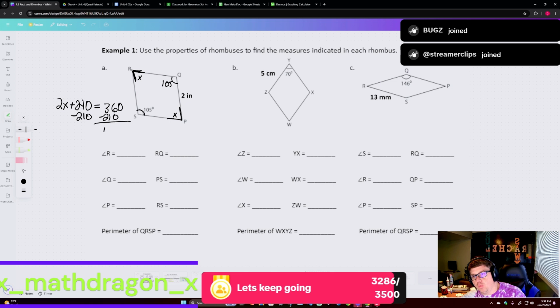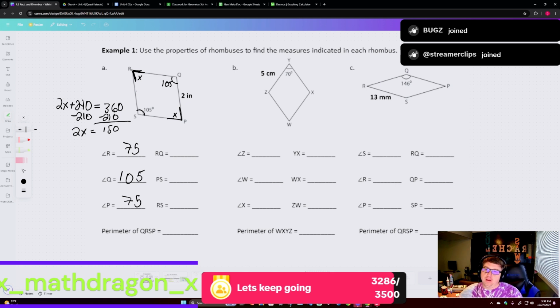So that will be 150. Cut that in half, 75. So angle R is going to be 75. Angle P is going to be 75. Angle Q we already said is 105. And remember the U shape. So we could have done it that way too. 75 plus 105 is 180.